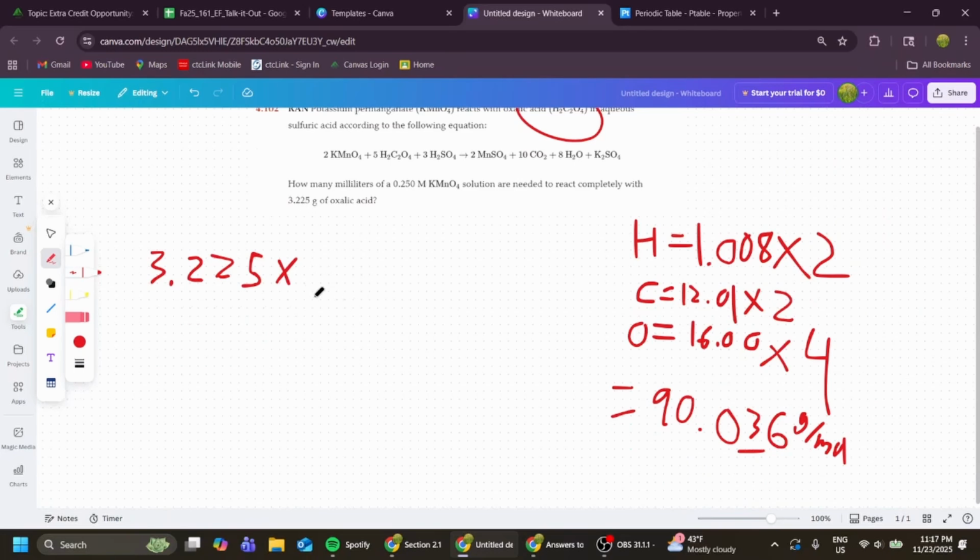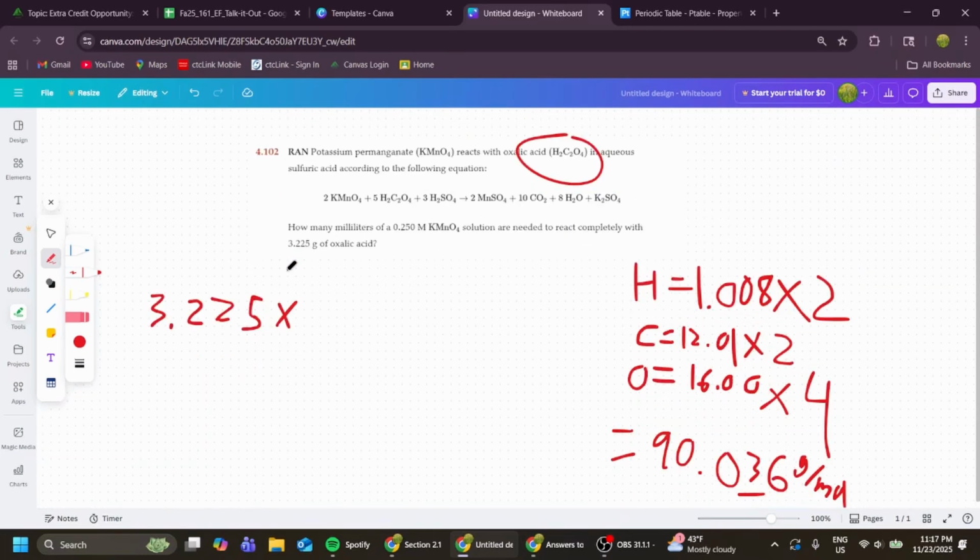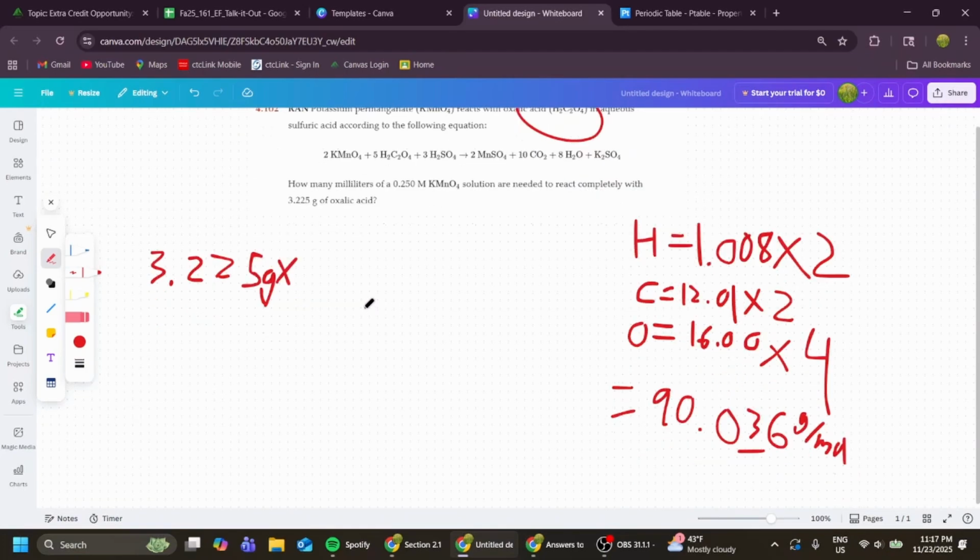So what we do is we're trying to cancel out grams here. So we put moles up here because we want moles, and then divide by 90.036 grams.